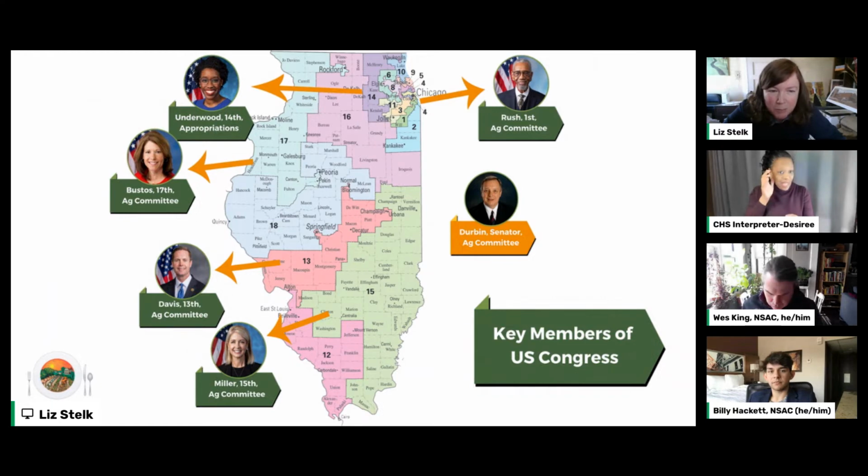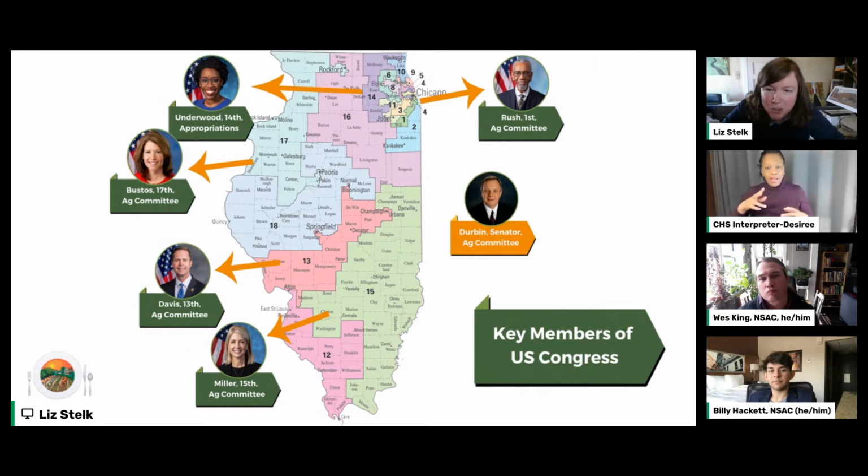But there's also a number of congressional districts where your voice matters especially. This is compared to some places in the U.S. where there are no members of the Agriculture Committee, and so their influence on the Farm Bill is much less powerful than if you live in one of these districts where we have a member on the Agriculture Committee.